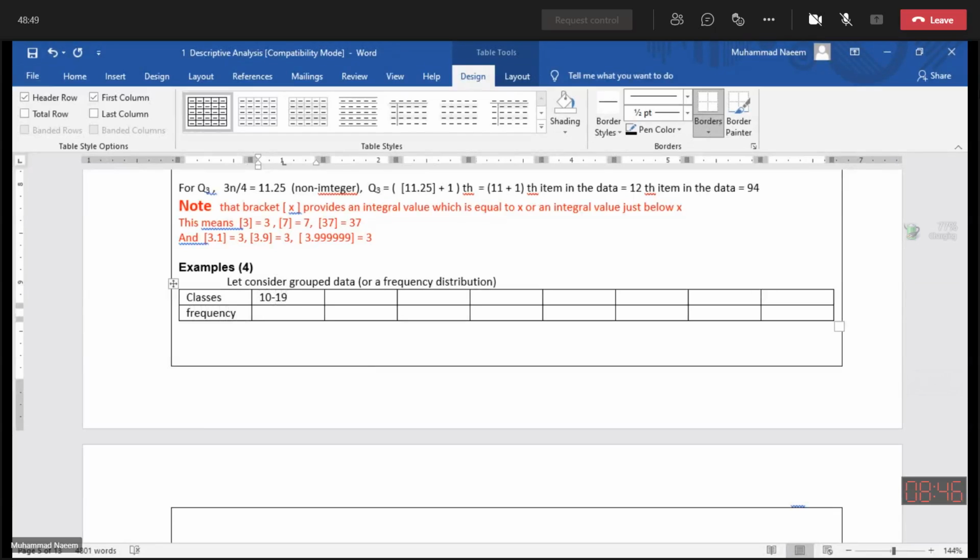The classes are 10 to 19, 20 to 29, 30 to 39, 40 to 49, 50 to 59, 60 to 69, 70 to 79, and 80 to 89.